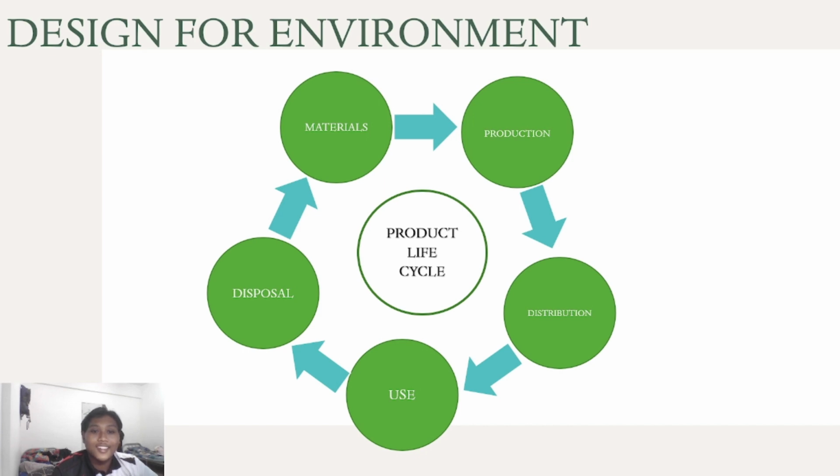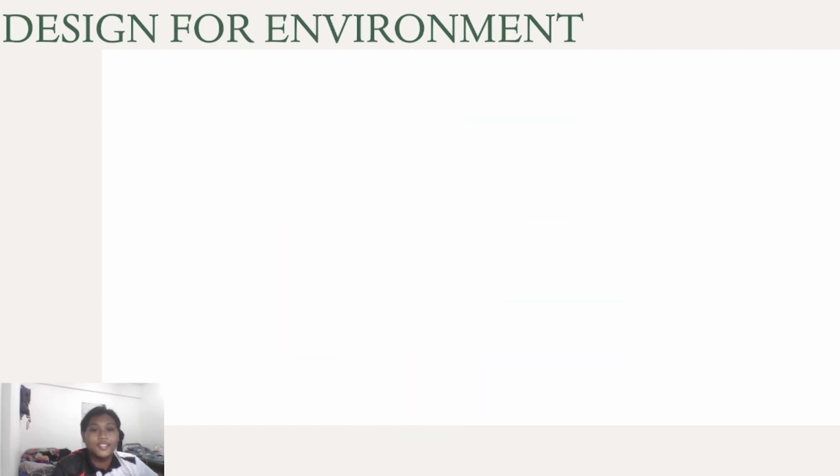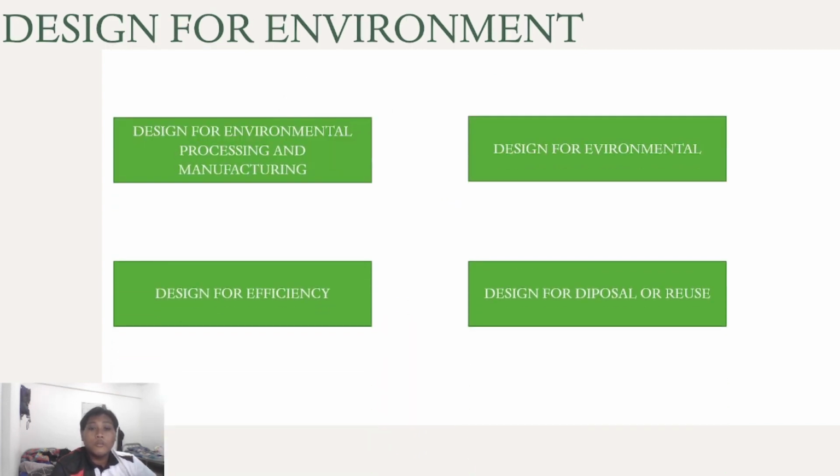And this cycle keeps going because it is a closed loop cycle. These are four important points for DFE: design for environmental processing and manufacturing, design for environmental efficiency, and design for disposal or reuse.